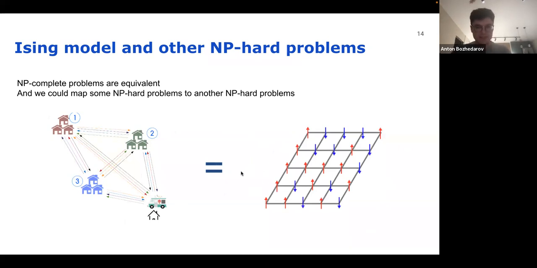So if we have a device that could very quickly solve the Ising spin problem, and we could encode a problem as a traveling salesman problem, maximum cut problem or MAX-SAT problem, it means that we could solve such a problem using the Ising spin model.